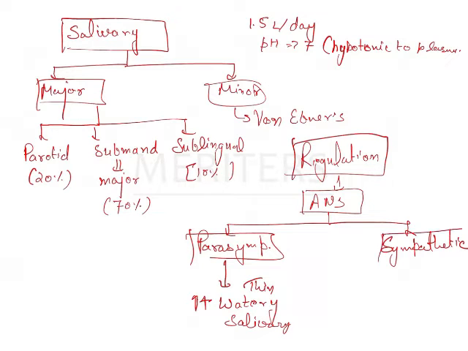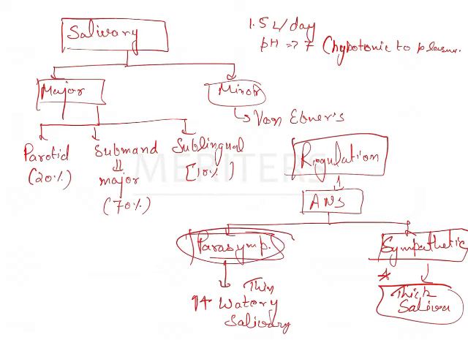The sympathetic nervous system generally inhibits salivary secretion, but it is responsible for release of thick saliva. That is an important thing to remember: thick saliva is released under the control of the sympathetic nervous system. Basically, the parasympathetic nervous system releases the saliva from these glands.